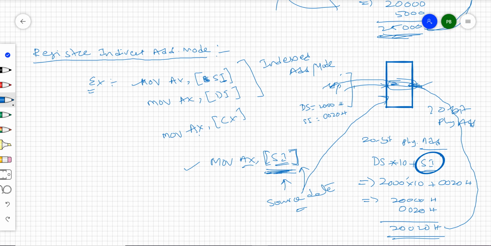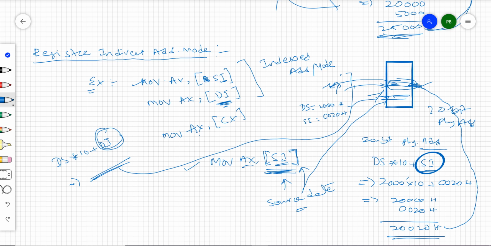In the similar way, for the second instruction, the 20-bit physical address is calculated as DS into 10 plus DI, and the result is the 20-bit physical address. Whatever data is present in the internal DI register provides the offset data. Like that, the 20-bit physical address is calculated to point to one location, and that location's data will move to the destination.